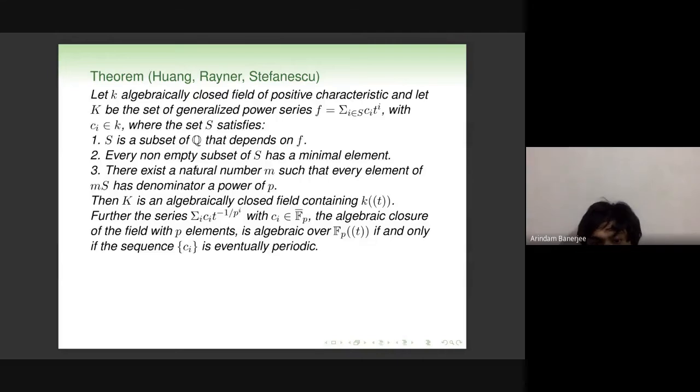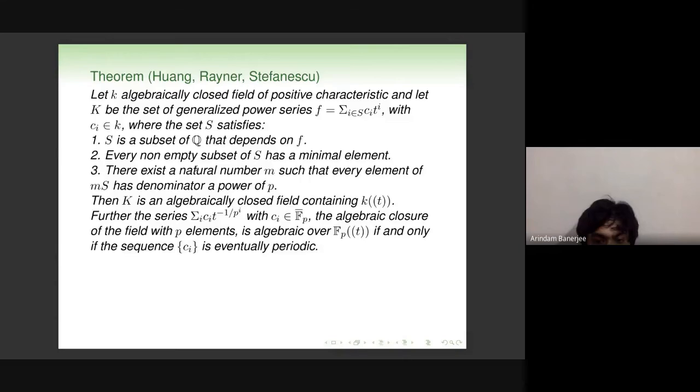Further, a series summation c_i t to the power minus 1 over p to the power i, with c_i belonging to the algebraic closure of the field with p elements, is algebraic over this field if and only if the sequence is eventually periodic. This is a powerful description of some interesting properties.